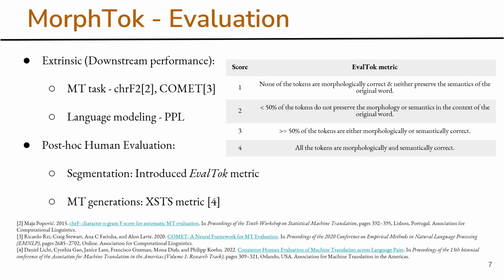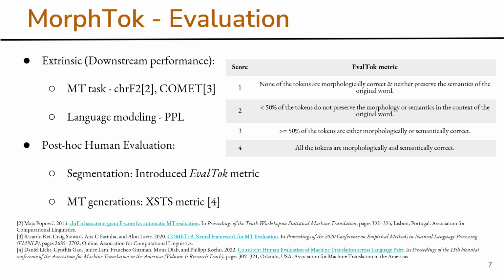We evaluate the performance of the tokenization algorithm using extrinsic and post-hoc human evaluation. For extrinsic evaluation, we evaluate the performance on two downstream tasks, machine translation and language modeling. We measure machine translation performance using chrF and COMET metrics. For language modeling tasks, we compare perplexity and loss scores on a holdout set. For post-hoc evaluation, we perform human evaluation on the segmentations and machine translation generation.